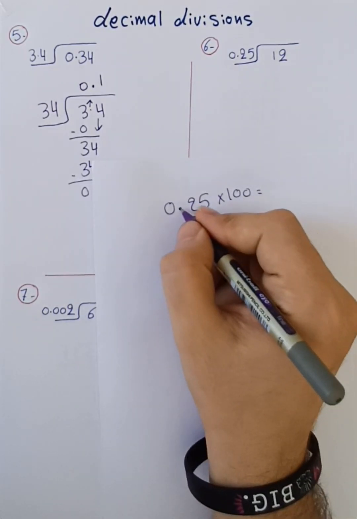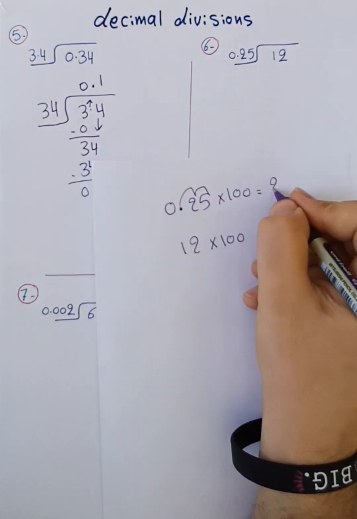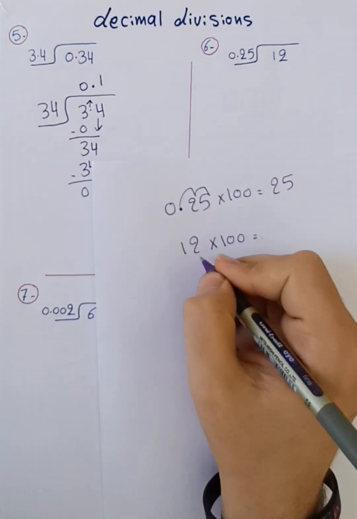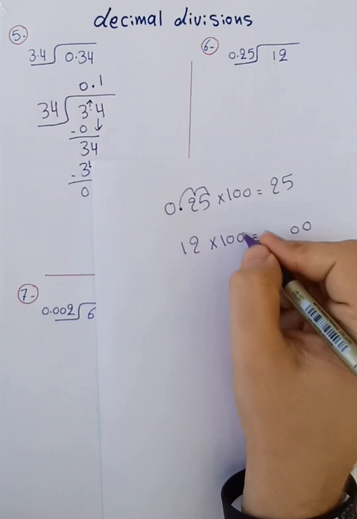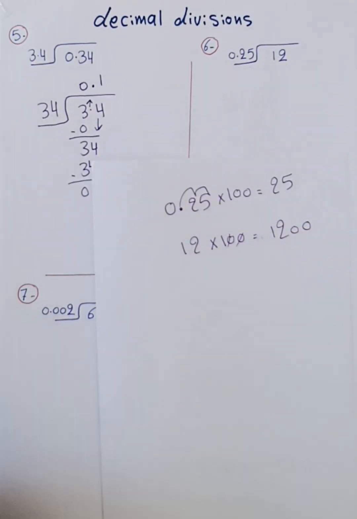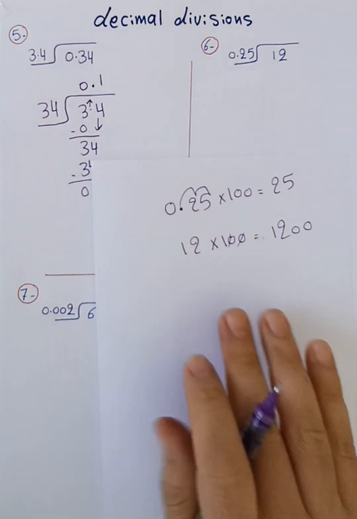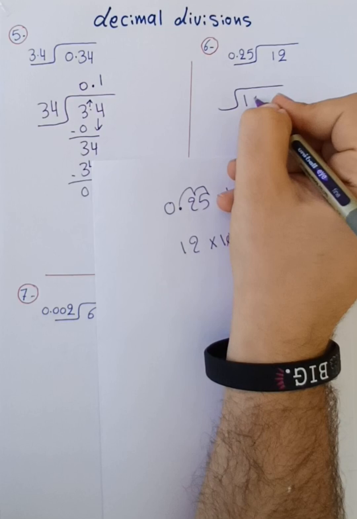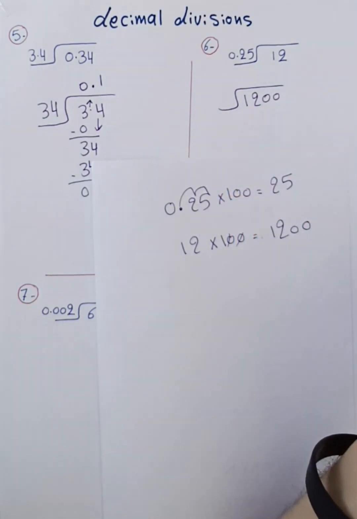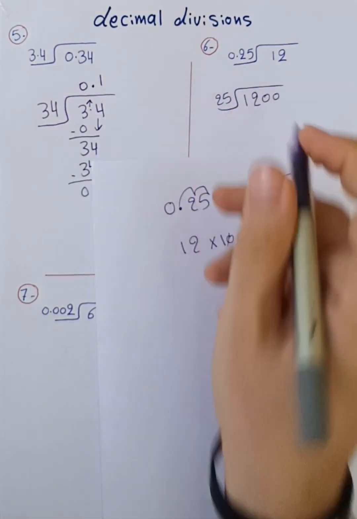This decimal point moves 2 steps to the right, becomes 25, and we have to write two zeros. 1 times 12 is 12, so it becomes 1200. So the new number is 12 becomes 1200 and 0.25 becomes 25.